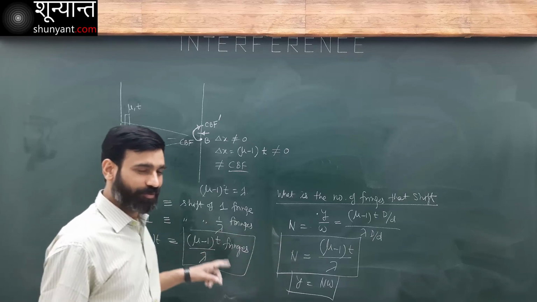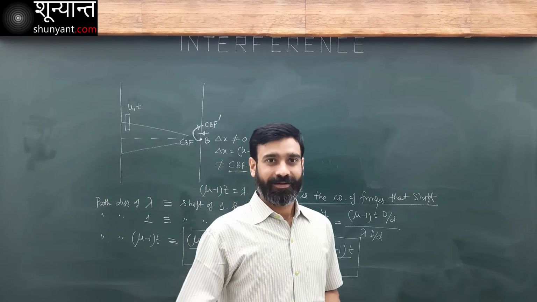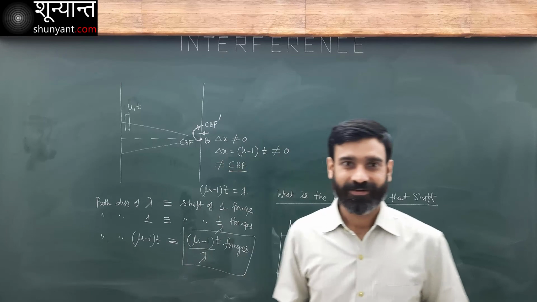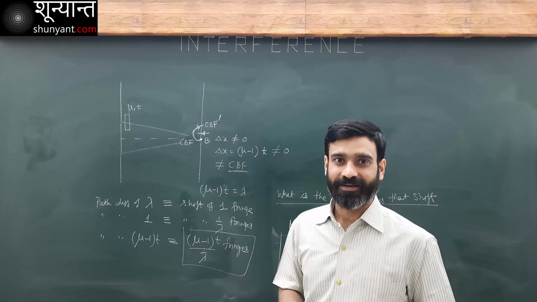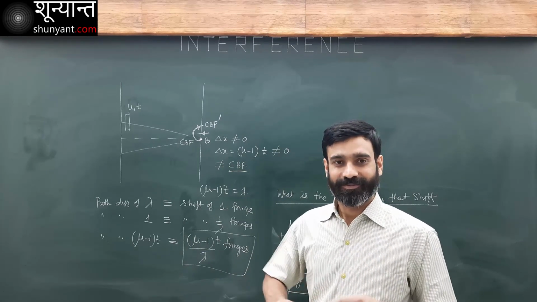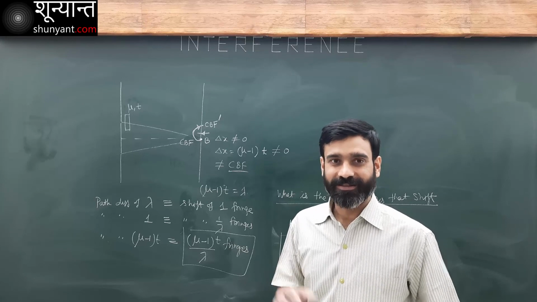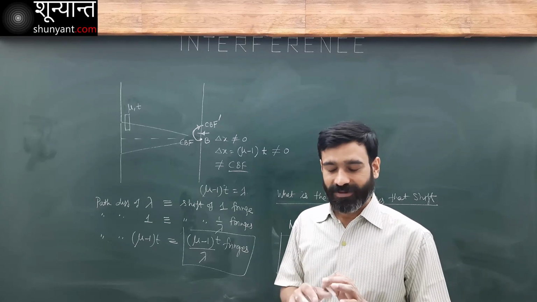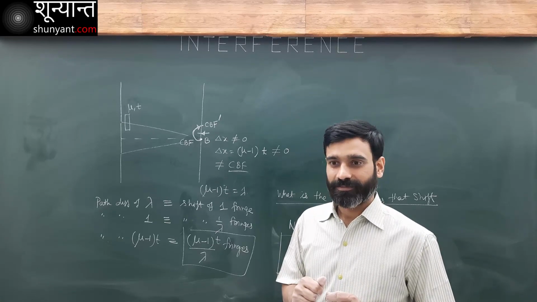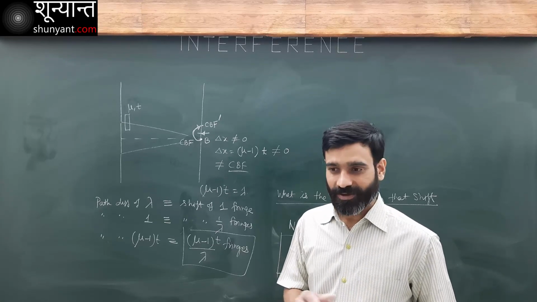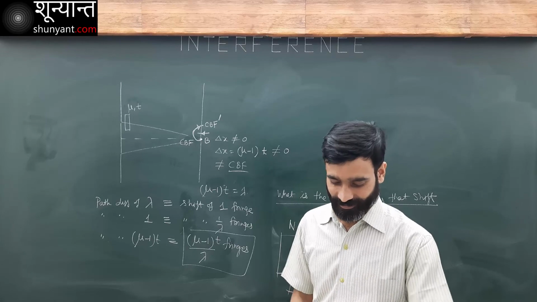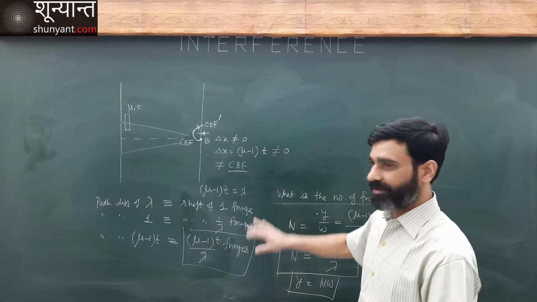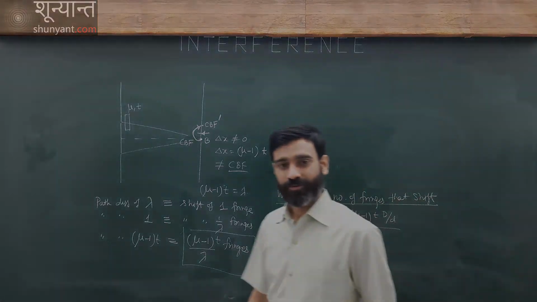That's how you can relate and keep it in your memory. The more connections you make, the more are the chances to retain that thing, and the more are the chances that you will develop an intuition, a deeper understanding of the concept. So remember all these things. Next class we are directly going to do some problems based on this.